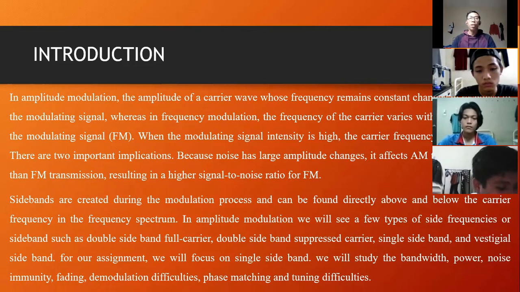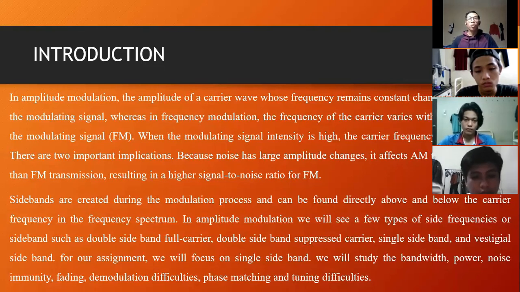In FM, when the modulating signal intensity is high, the carrier frequency fluctuates more. There are two important implications. Because noise has large amplitude change, it affects AM transmission more than FM transmission, resulting in a higher signal to noise ratio for FM.